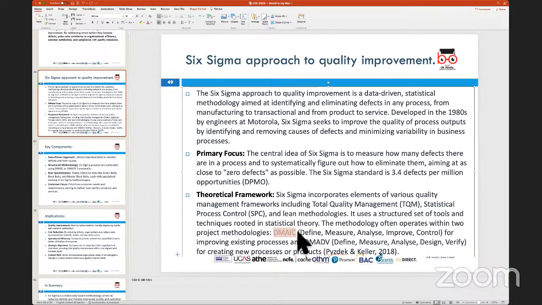So this methodology focuses on a process called DMAIC, which is how do you define the process, how do you measure the conformance with the process, how do you analyze any variations which can happen in the process, then look at finding out gap areas and putting in implementation for improving these gap areas, and then keep controlling them, keep monitoring them to ensure that the product is consistently being produced meeting the DPMO standard, which is the defects per million, and keeping it below 3.4, which means that you're conforming to the Six Sigma quality standard.